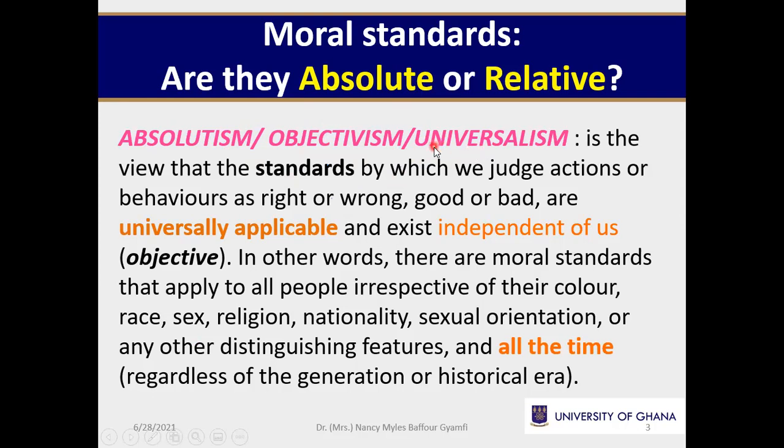They are all referring to one way of thinking about moral standards. What is that? It is the view that the standards by which we judge actions or behaviors as right or wrong, good or bad, are what? Universally applicable and exist independently of us.